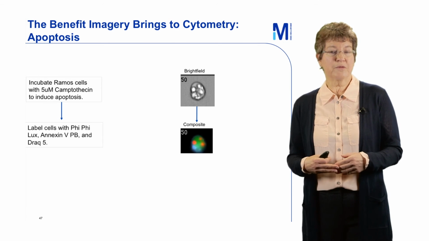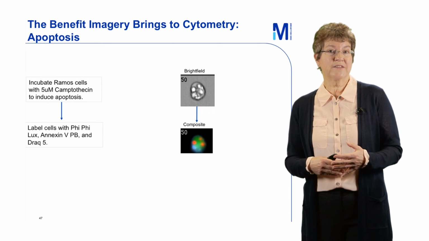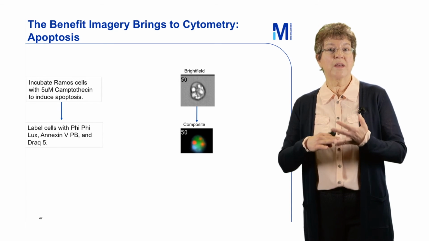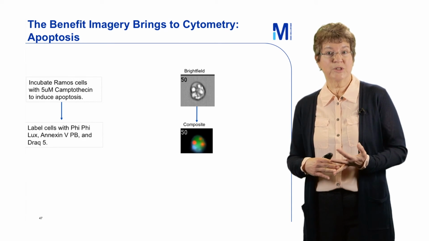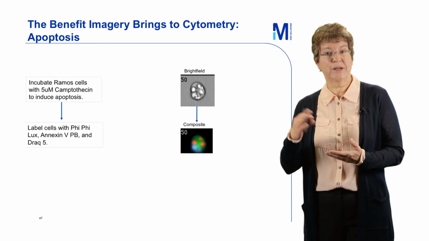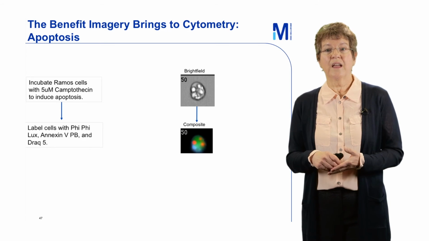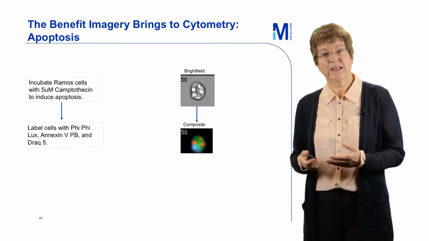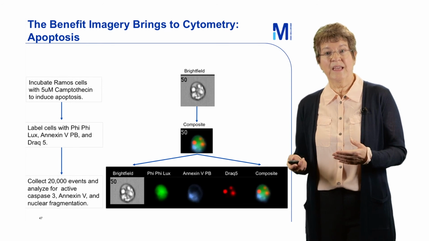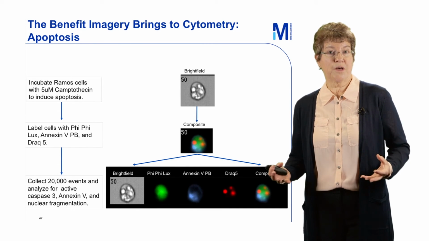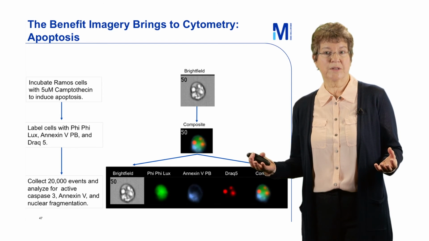The cells are labeled with Lux, which binds to active caspase, and annexin 5, which binds to phosphatidylserine, which is flipped from the inner leaflet of the membrane to the outer when apoptosis is happening. We also labeled the nucleus, in this case with DRAC5, and we collected 20,000 events to analyze these 3 ways of looking at apoptosis.